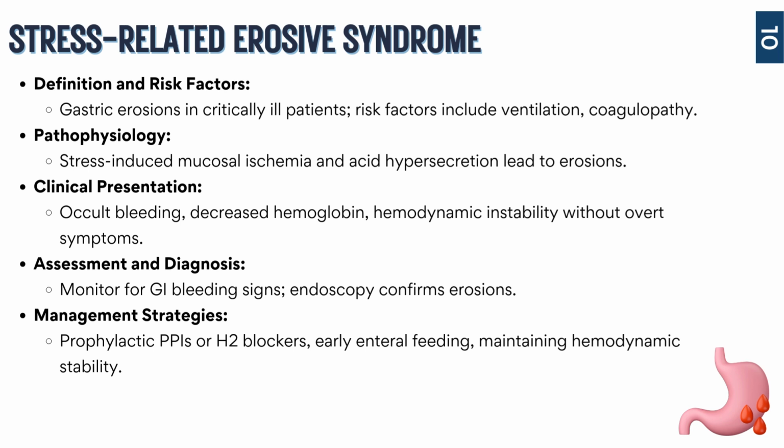Unlike peptic ulcer disease, which involves discrete ulcers, the stress-related erosions are more diffuse. They're more all over the place, okay? So it's more the whole stomach. Clinically, patients may present with signs of upper GI bleeding, like hematemesis, that's blood in your emesis or bloody vomiting. But often the bleeding is occult, and it's detected through a drop in hemoglobin or positive fecal occult blood.